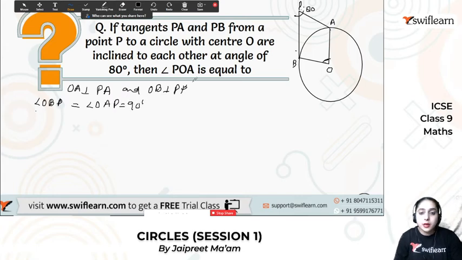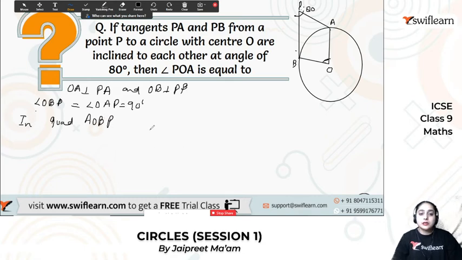Is it correct? Because they are tangents, so they are perpendiculars. So let's take the quadrilateral AOBP. In quadrilateral, so I will write quadrilateral AOBP.